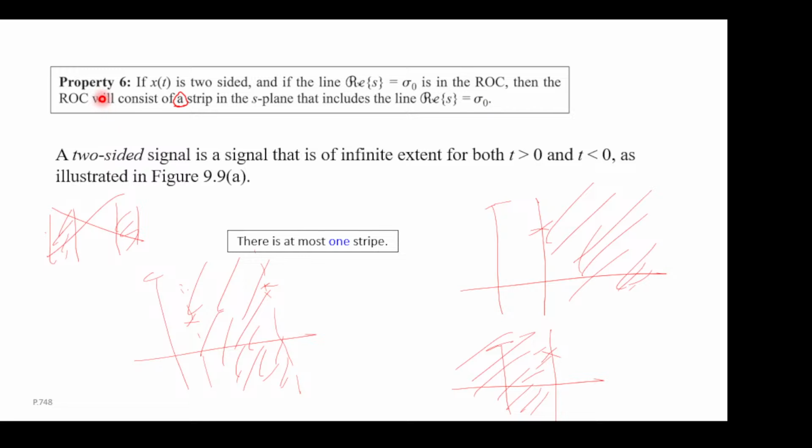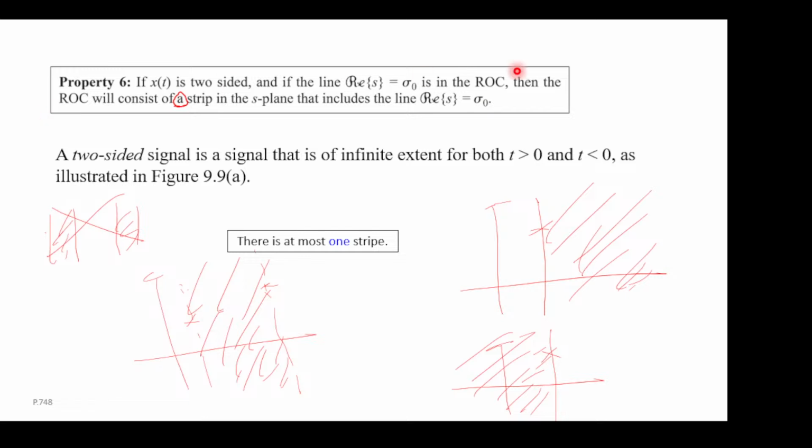It says that if now your x of t is two-sided, so basically really just whatever function, then your ROC only has one strip. So this sigma 0 doesn't really mean anything by itself.